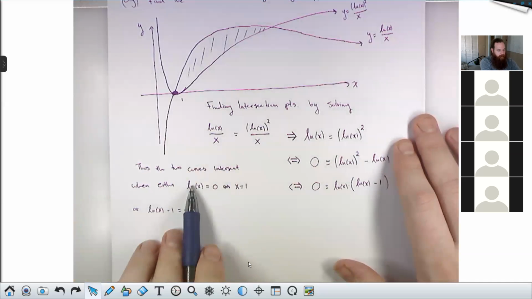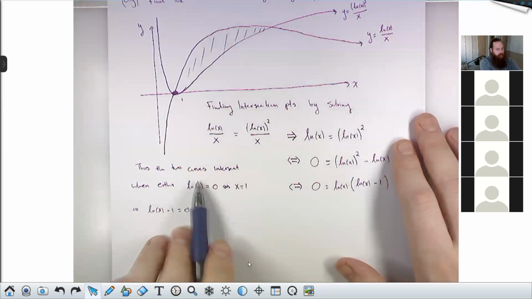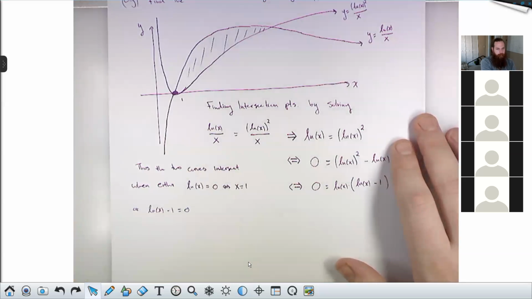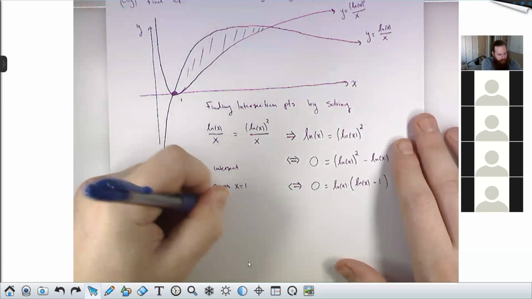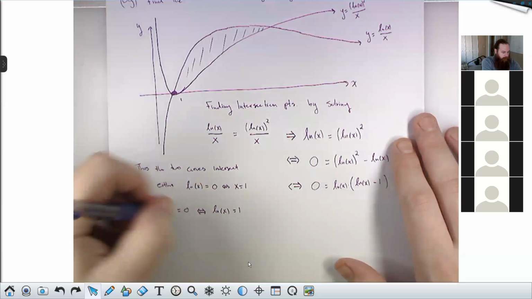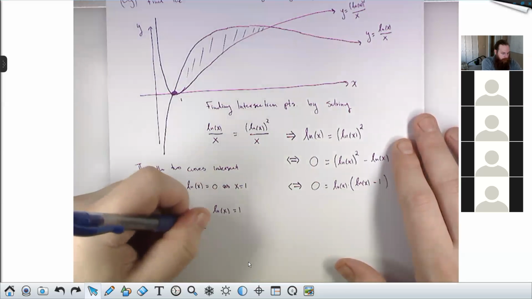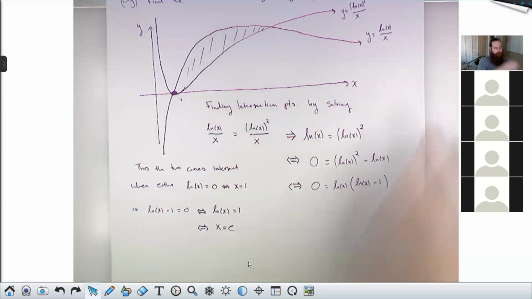You get e to the ln x equals e to the 0. E to the ln x is just x, and e to the 0 is 1. Here we have to add 1 to both sides. So you get ln x equals 1. And then you exponentiate on both sides. And you get x equals e to the 1, which is just e.